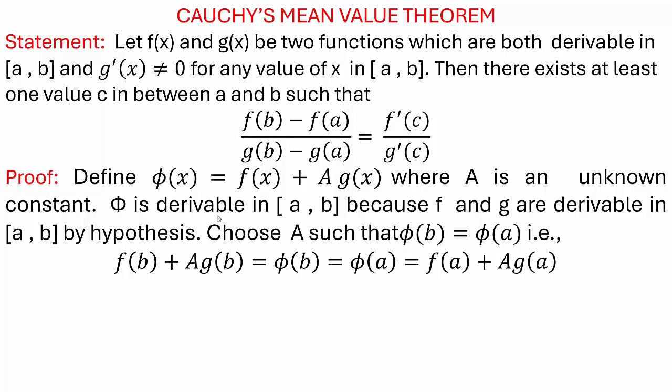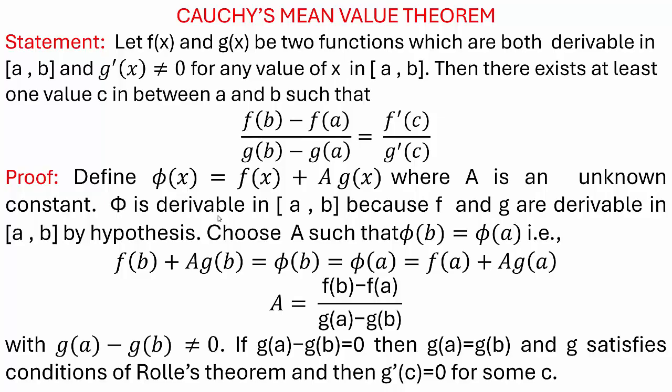We choose a constant a such that phi(b) = phi(a), and this gives us a = (f(b) - f(a)) / (g(a) - g(b)), with g(a) - g(b) non-zero.